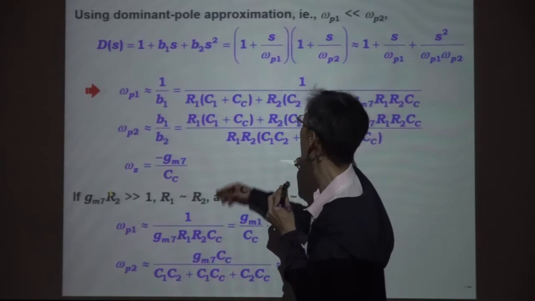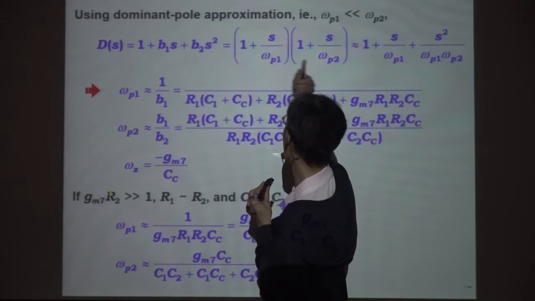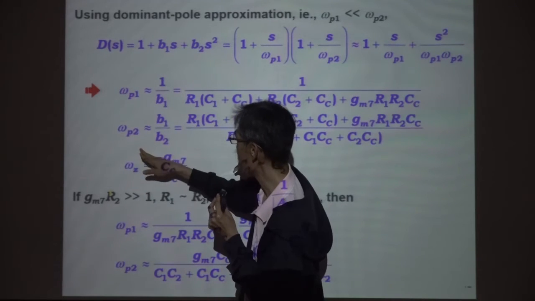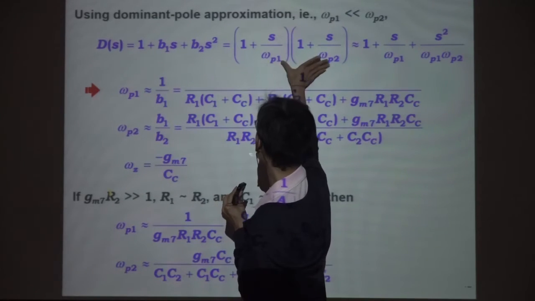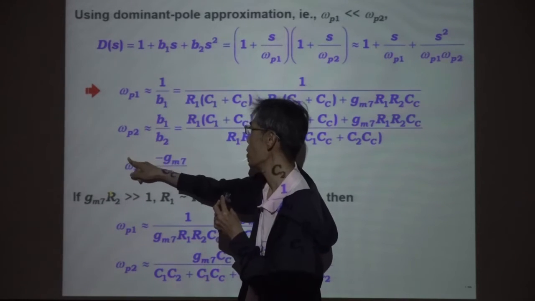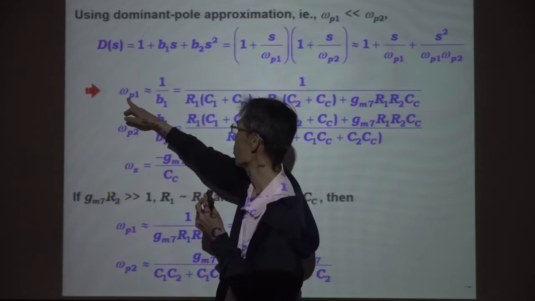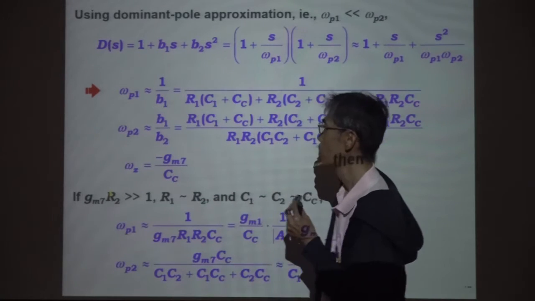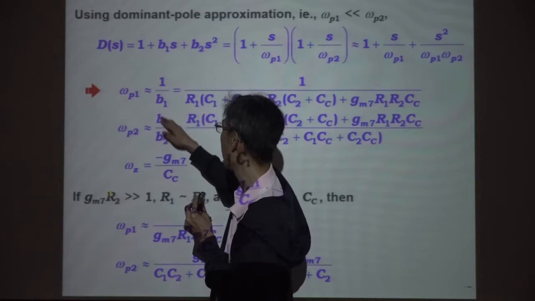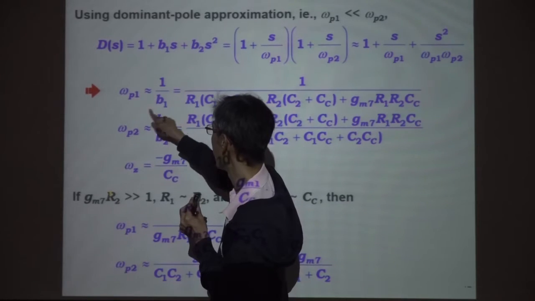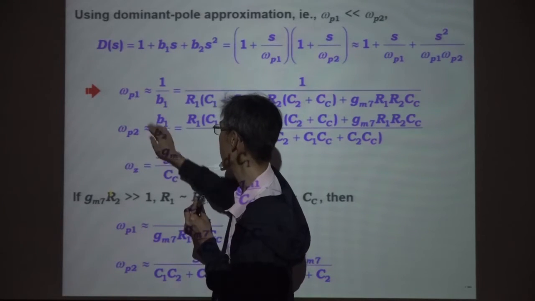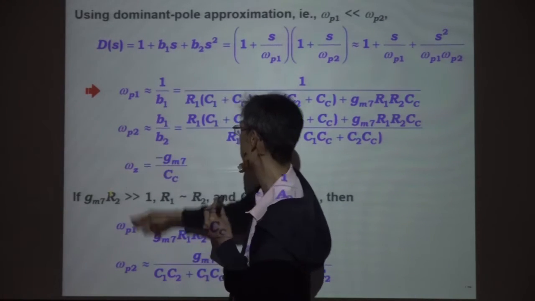And remember, omega P1 times omega P2 will be 1 over B2. So if you know omega P1, which equals 1 over B1, so if you know B1, then we can calculate omega P2.